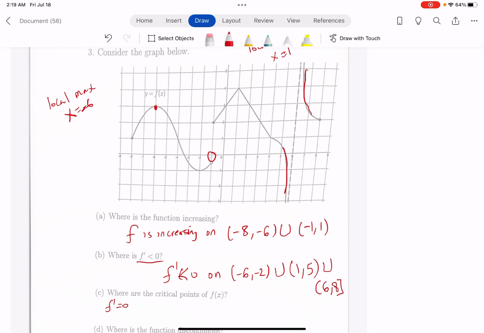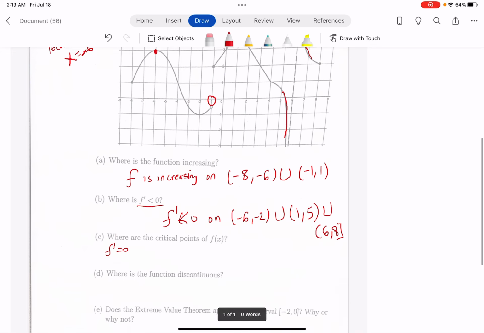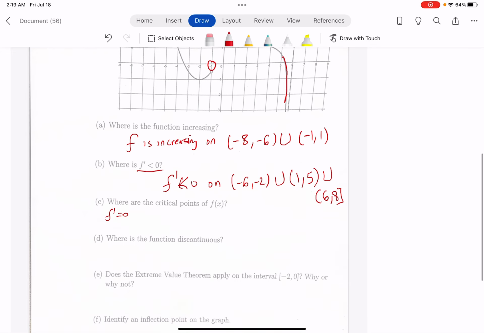Where the slope is jumping, it's undefined.